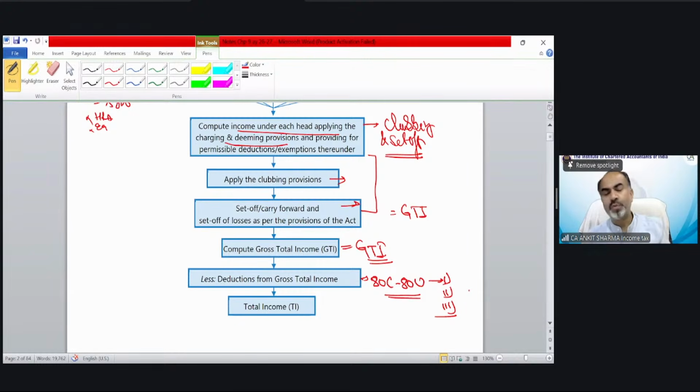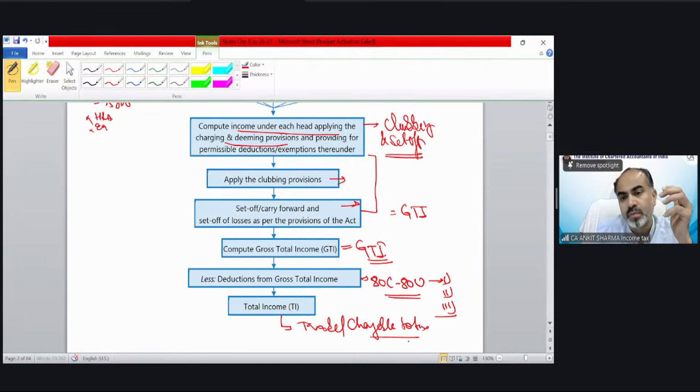So once you find out the deductions which we should give out of our GTI, you will arrive at your total income, and that is the income we call taxable income. We can call it total income. We can call it income chargeable to tax also. What will come after this? After this, we need to apply the tax rate provisions.